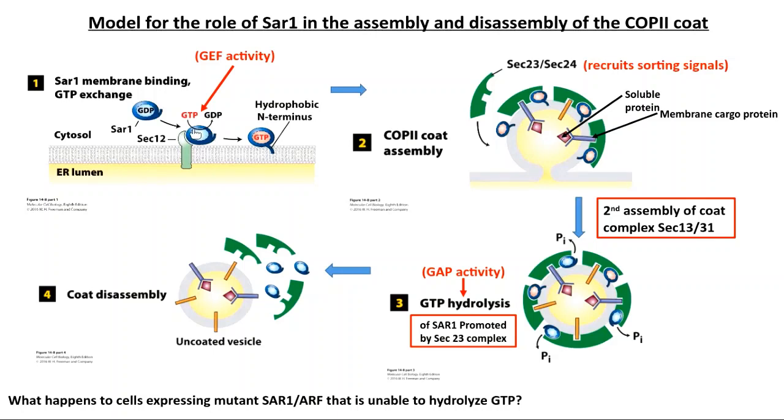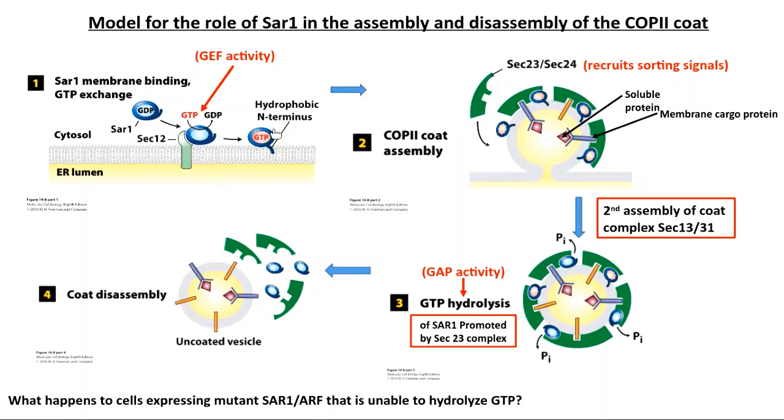As soon as it binds to the GTP, a conformational change happens, and now the SAR1-GTP gets released from Sec12 and inserts its N-terminus hydrophobic tail into the ER membrane. So now we have SAR1-GTP inserted in the ER membrane. It is not going anywhere, it is stuck there.